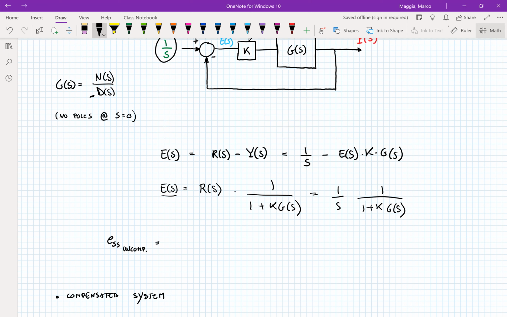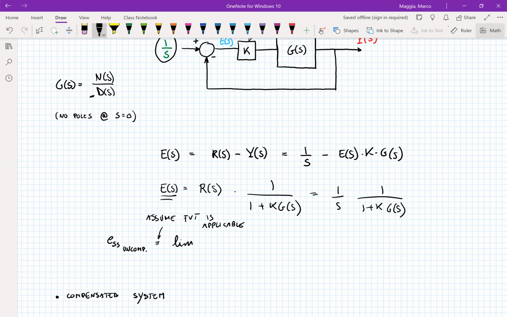Now that we have the error function in the S domain, we can find the steady state value by applying the final value theorem. Here we're going to assume that the final value theorem is applicable. But remember, before doing that, you always want to check the poles of the function to which you want to apply the final value theorem.